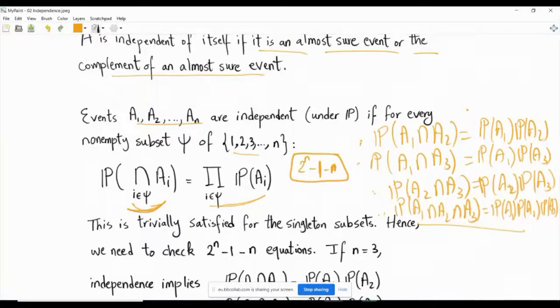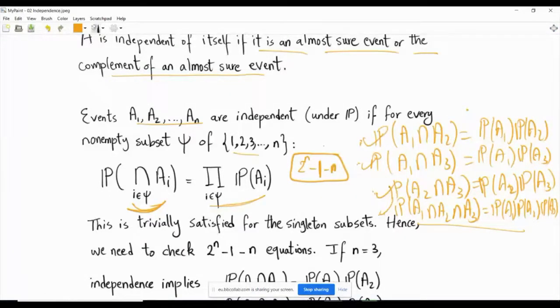And those are the 4 statements that we need to check if you want to study the independence of 3 events. Now, if n is 4, this will be 2 to the 4, that's 16, minus 1, that's 15, minus 4, 11. So there are 11 equalities that you need to check to declare that those 4 events are independent.